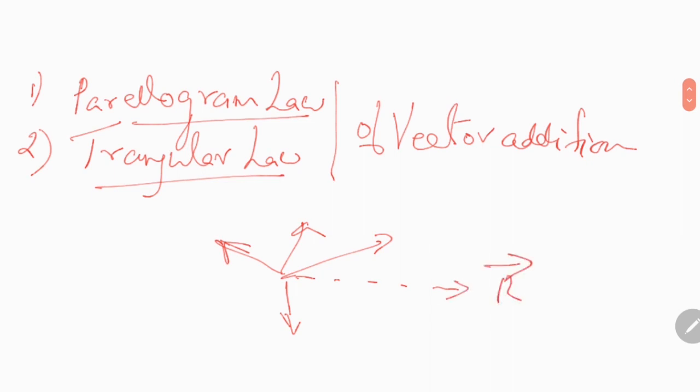In my next video I'll be covering the parallelogram law, where we will derive the basic formula and understand its application. And in the subsequent video, we'll understand what the triangular law is.